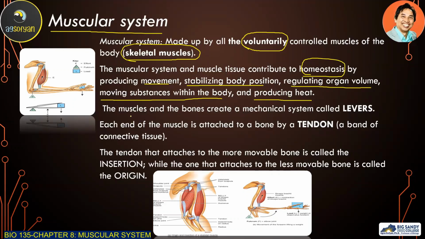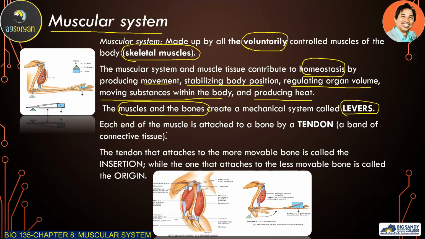The muscles and the bones create a mechanical system called levers. So a lever is a mechanical system in our body created by the muscles and the bones, and this gives movement to our body.